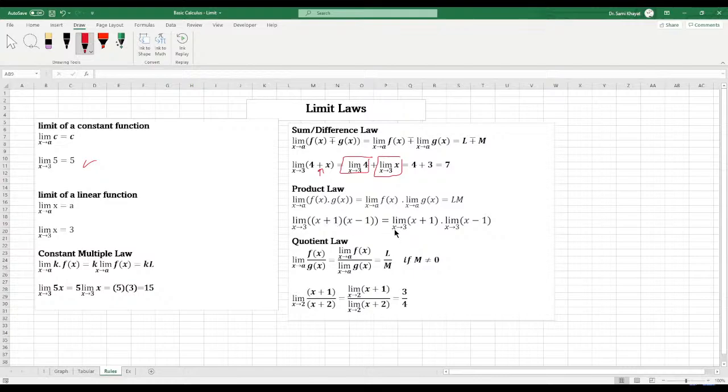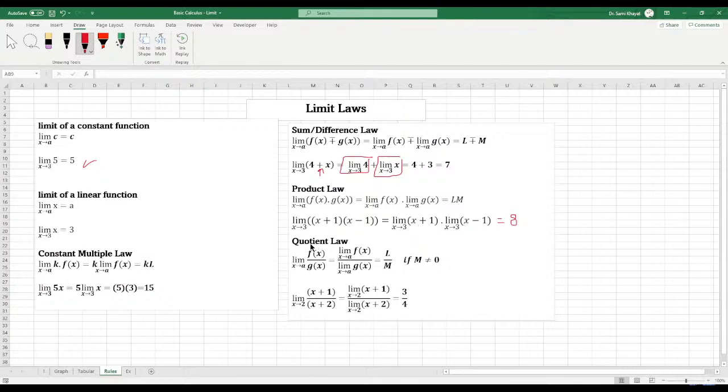It will be the limit of x approaching 3 of the first function, which is x plus 1, times the limit of x approaching 3 of the second function. And now you can solve it. This one will be 4. You just follow the rules above. It will give you 4, and this one will give you 2. 4 times 2, and the answer will be 8.